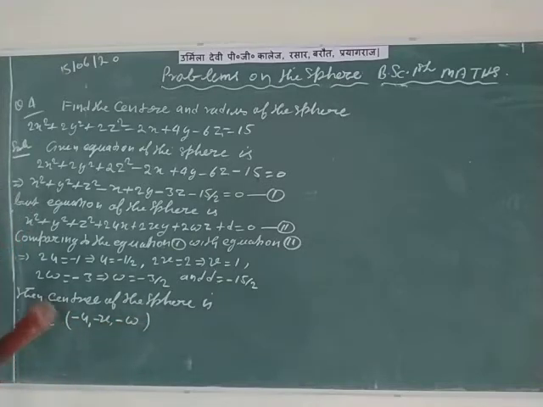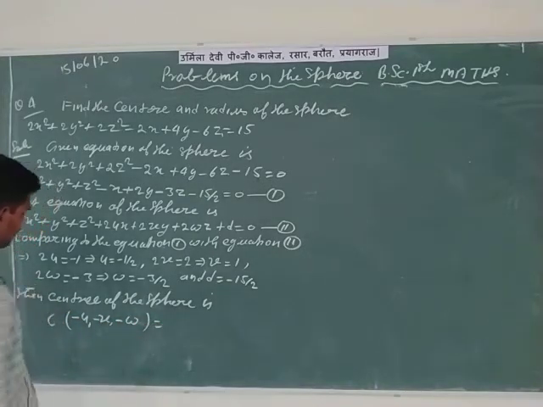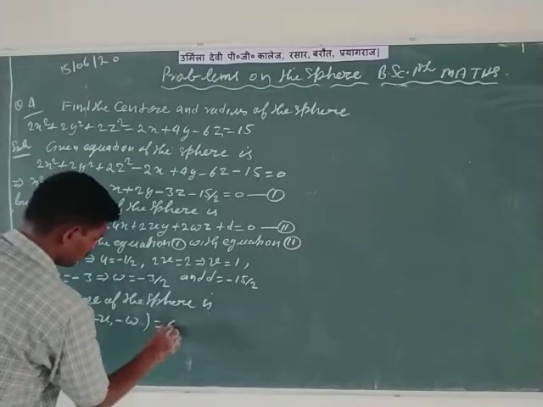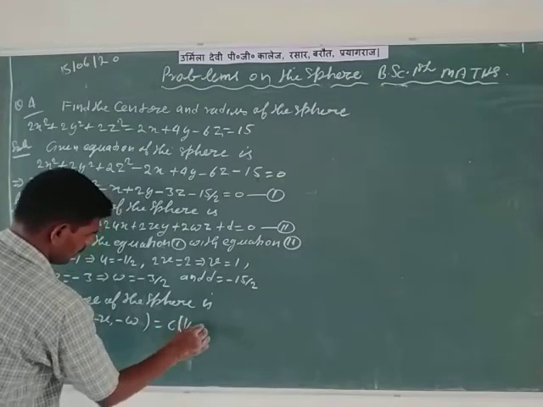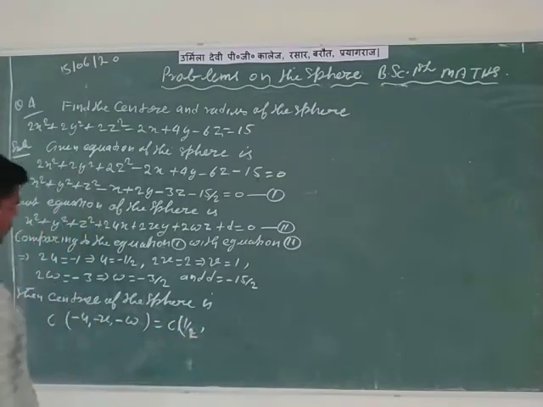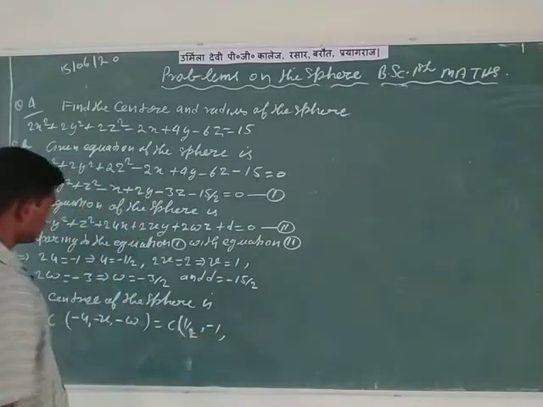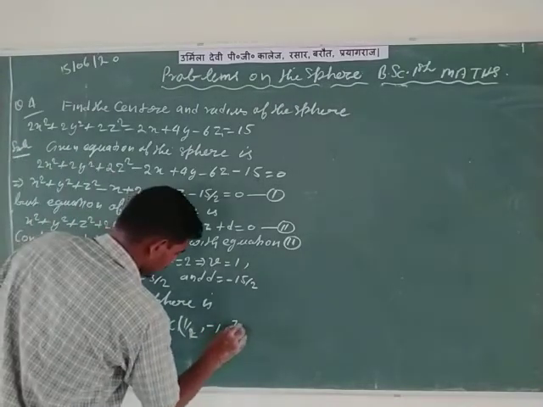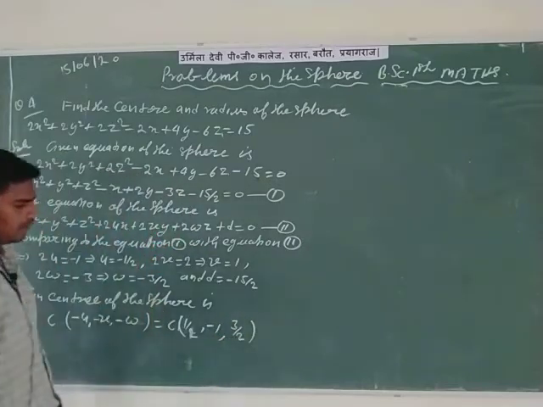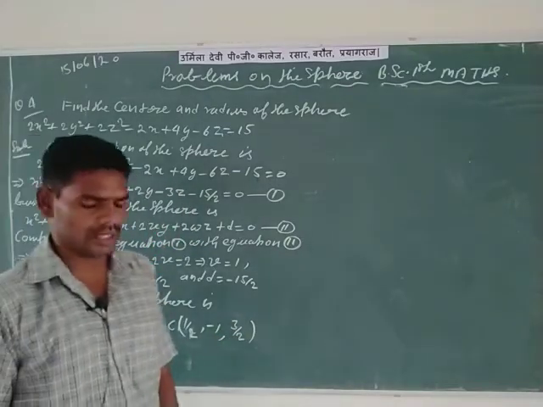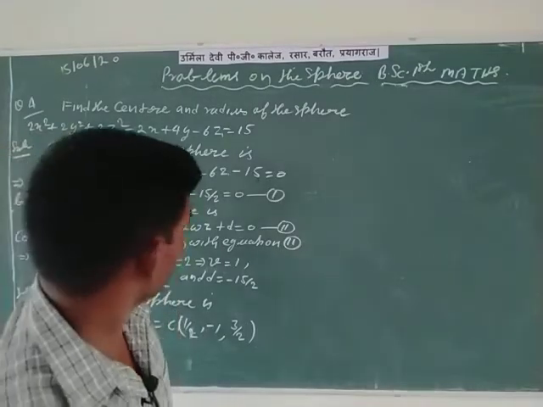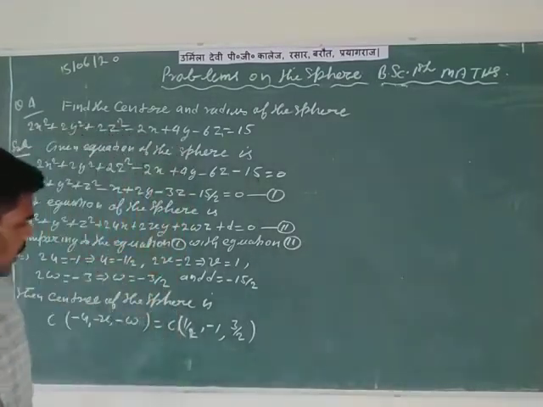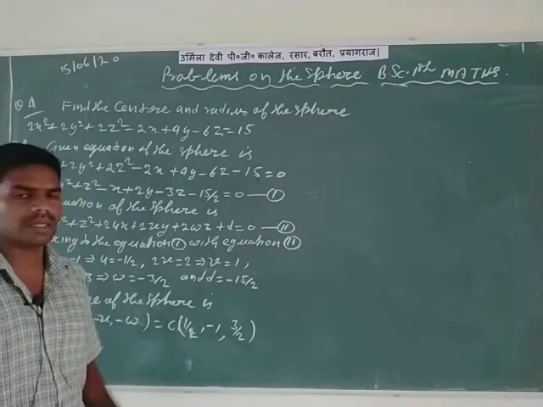Suppose the center is denoted by capital C. Putting the values of u, v, w from above, u is equal to minus 1 by 2, so 1 by 2, and v is equal to 1, so minus 1, and at last w is equal to minus 3 by 2, so minus minus plus 3 by 2. These are the coordinates of the center of the given sphere. It's clear that the center coordinates are 1 by 2, minus 1 and 3 by 2.